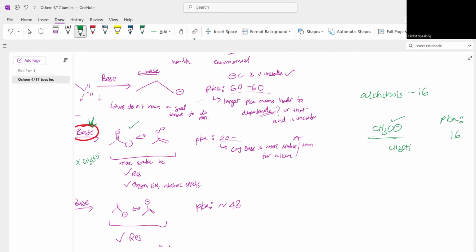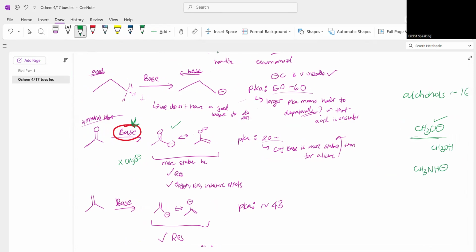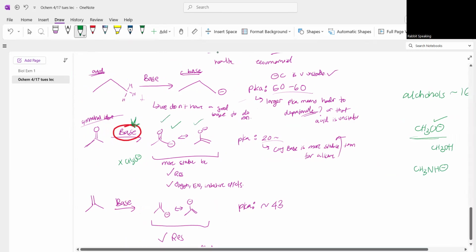Now let's look at another base. I forgot the name, but I think CH3NH minus. I think it's an amide. Now, if you look at this, remember nitrogen-containing compounds have a pKa typically in the mid-35 range. And so if you try to react with this, it'll do a better job, because it's more stable for this base to come and react with our ketone to form this base over here, since that has a pKa of 20.